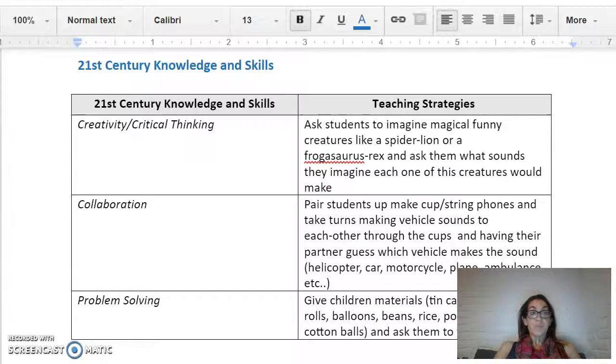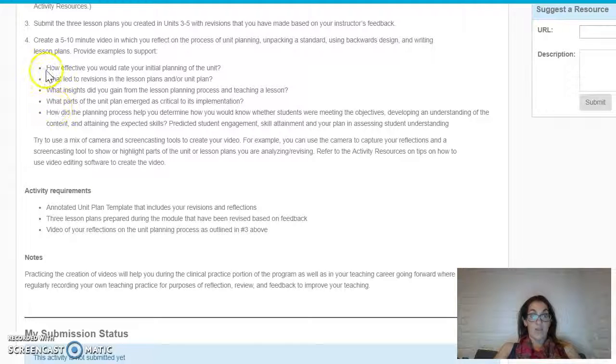So I think that answers that question. What led to my revisions mainly was the lack of multicultural perspectives, and I hadn't put enough information and hadn't planned enough for 21st century skills in my lessons.